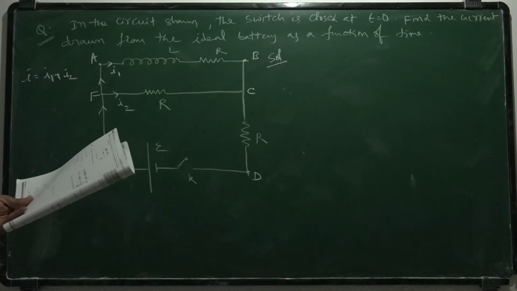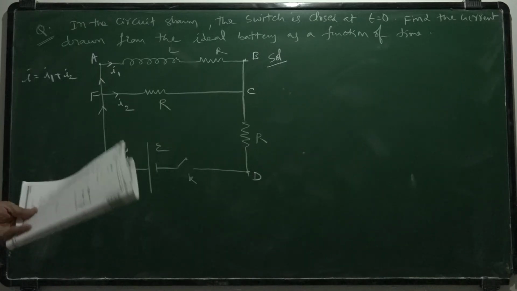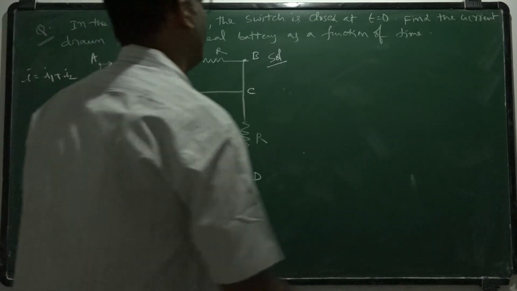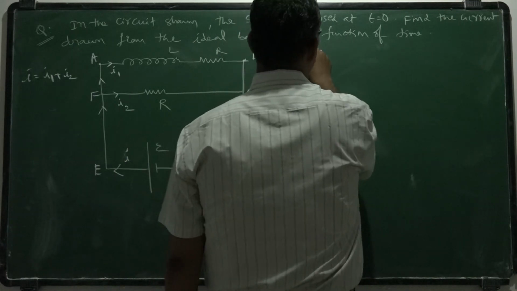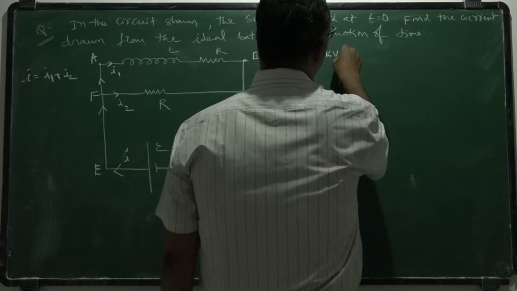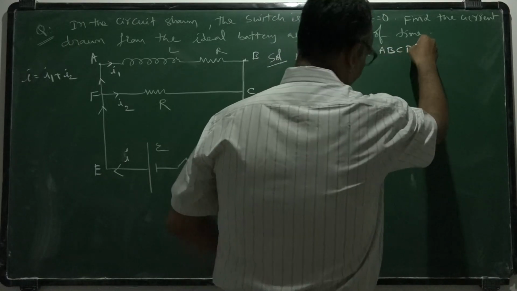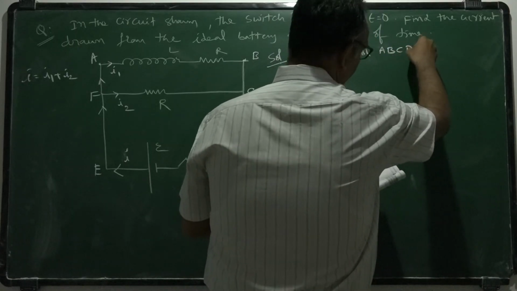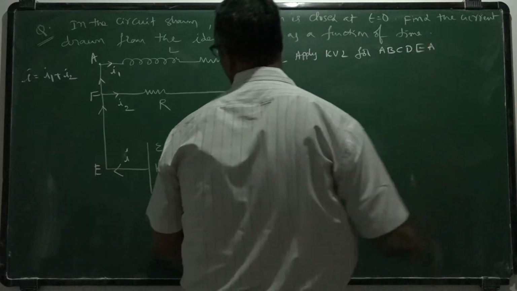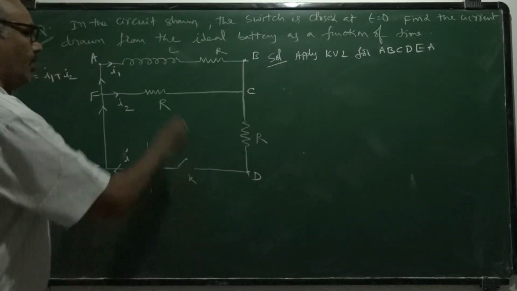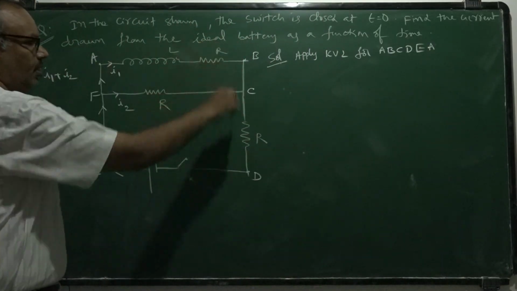Now let me apply KVL for the A, B, C, D, E, A loop. That means the bigger loop.